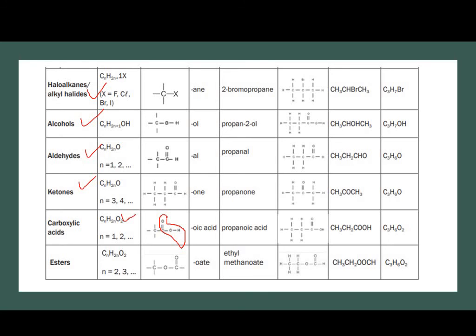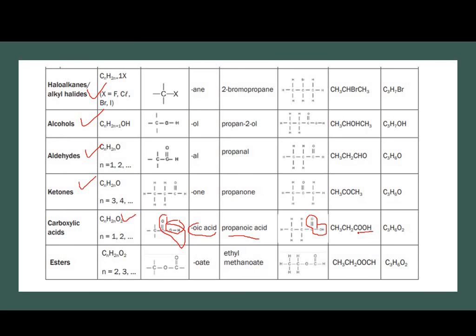I hope you guys can see the differences between the functional group of carboxylic acids and also ketones, right? It has a double bond oxygen and OH as well, right? And then we have the OIC ACID, that is the suffix, and this is the example name, which is propanoic acid. So this functional group here indicates that it is some type of an acid.